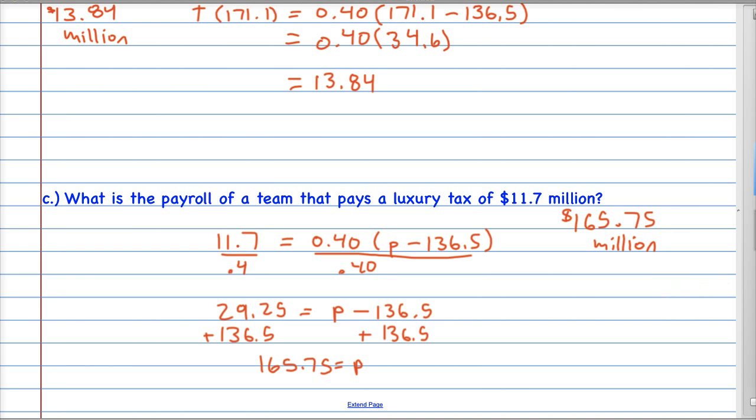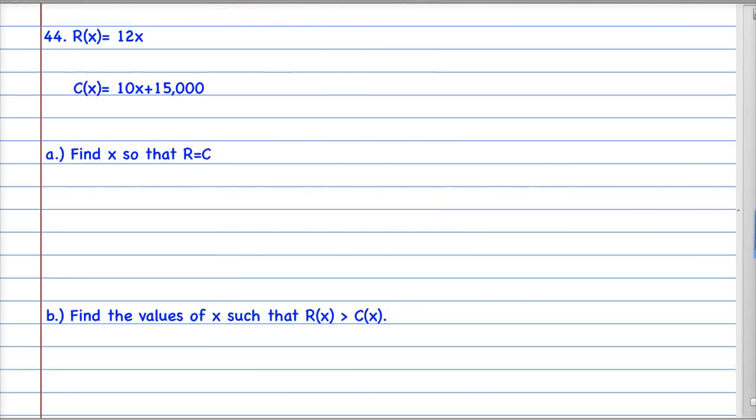All right, moving on to the last problem, number 44. It says you have r of x equals 12x, c of x equals 10x plus 15,000. Find x so that r equals c. So we would just set these two functions equal to each other. So 12x equals 10x plus 15,000.